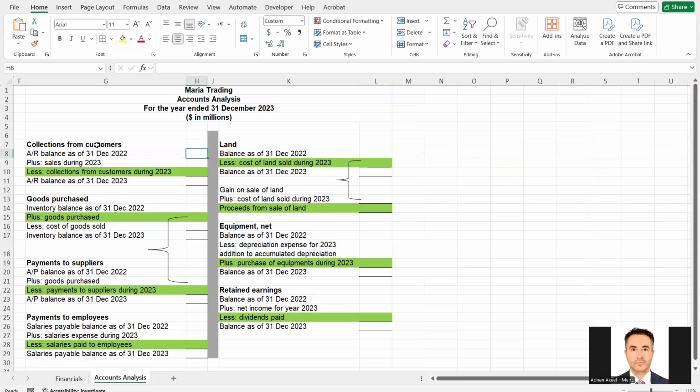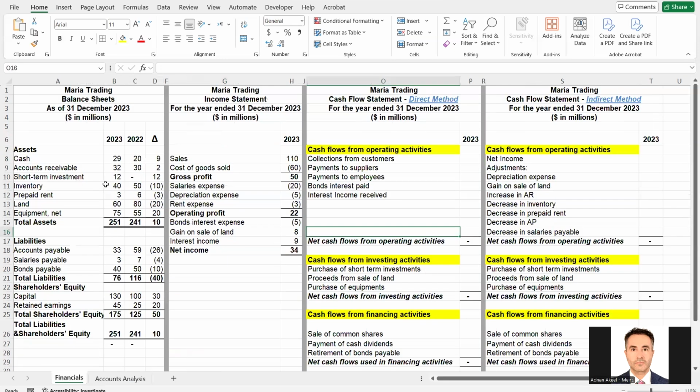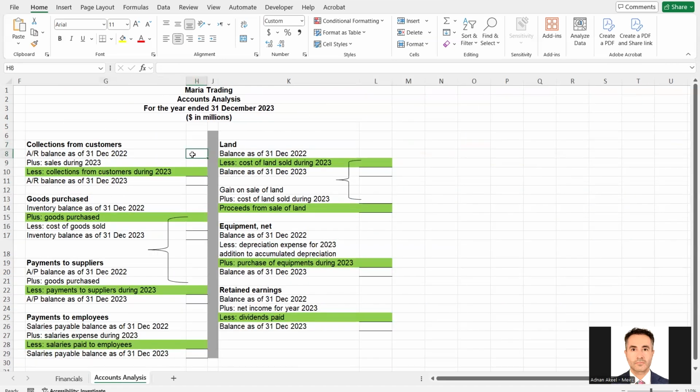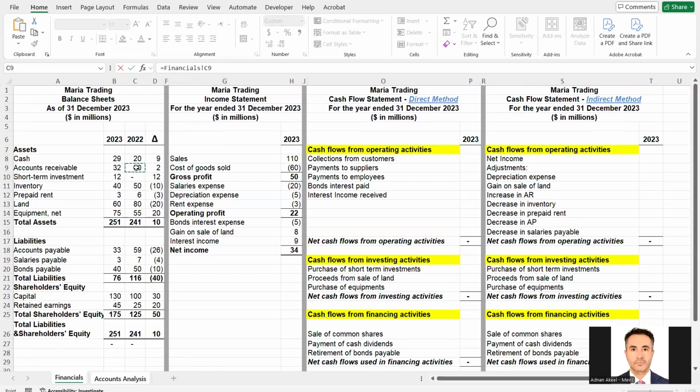Now, my first aim is to calculate how much we collected from our clients and customers. As we said, this is dependent on the sales as well as the accounts receivable. So I need to start with my accounts receivable. How much was my accounts receivable at the beginning of the year? Simply, that equals my beginning receivable balance, which is 30 million.